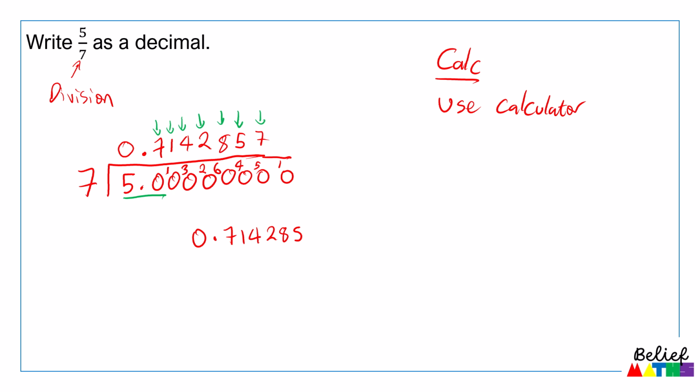Now when we've got recurring decimals, we put our dot on top of our first recurring digit in our pattern and the last recurring digit in our pattern. So 5 7ths is equal to 0.714285 recurring. So just remember, if you can't convert it by getting it to 10, 100 or 1000, we're just going to divide the denominator into the numerator, and that will give us our decimal answer.